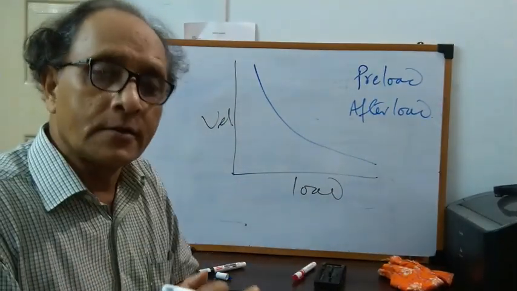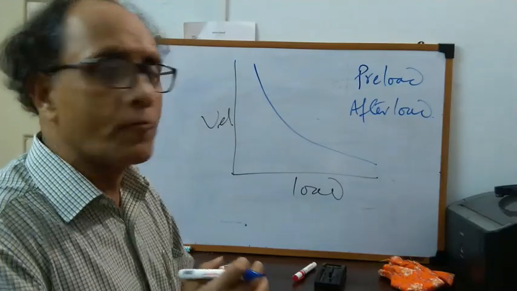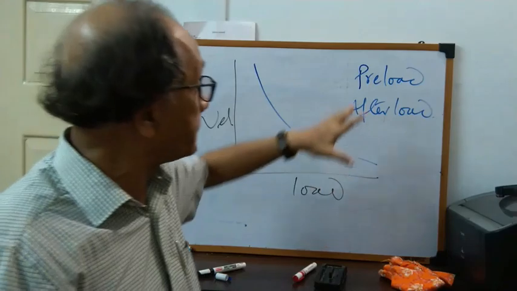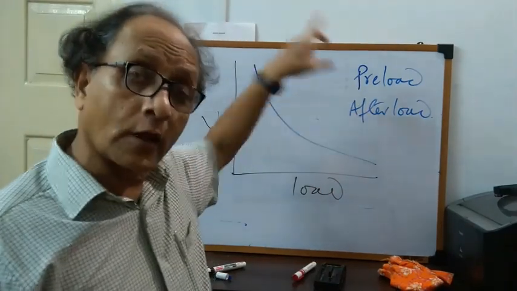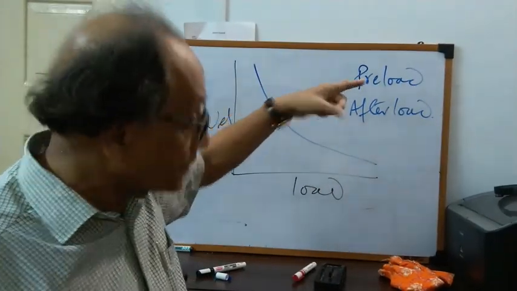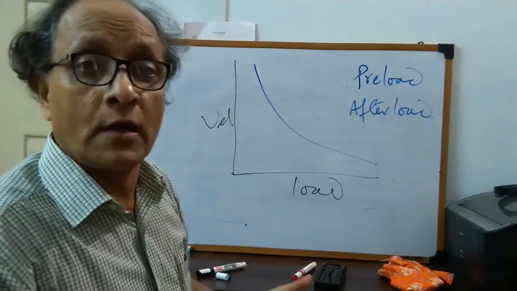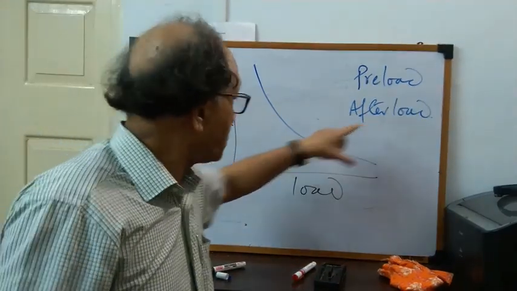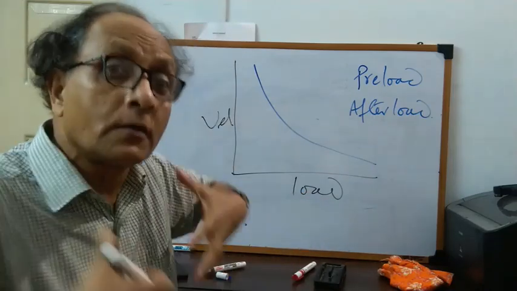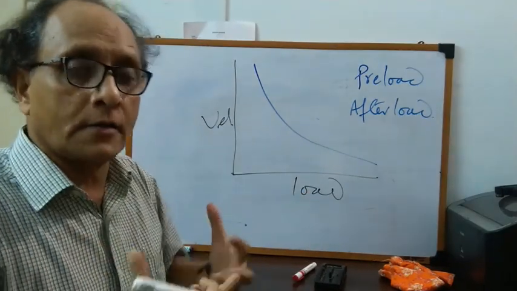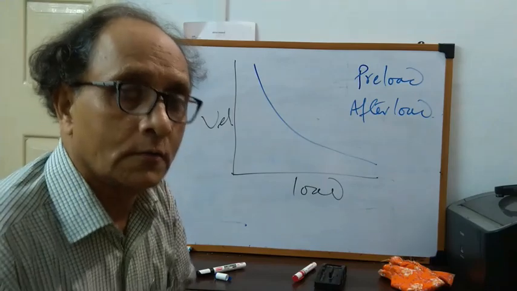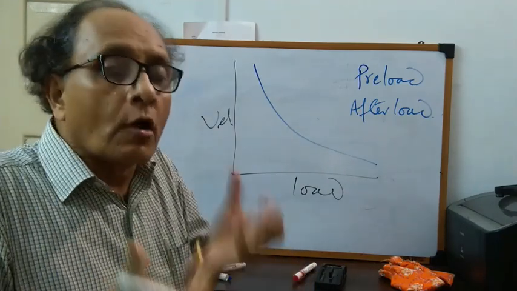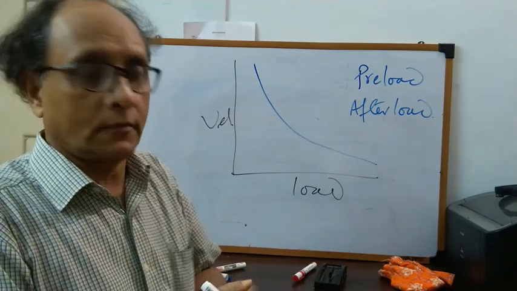Think, read and write in my group what afterload is in our whole body. My question is, afterload is understandable, but in the heart, which factor is acting as an afterload against the powerful contraction of ventricular muscle?